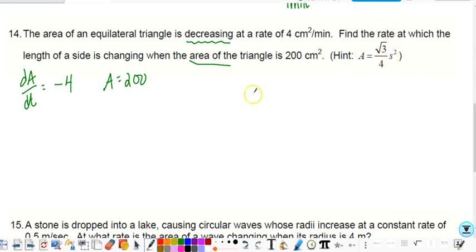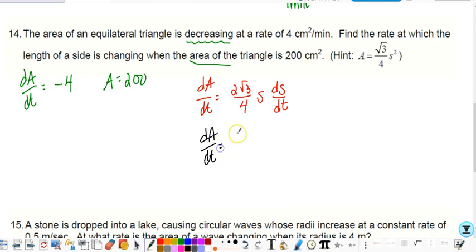So let's find the derivative. dA/dt is the power rule. I can reduce the 2 and the 4. And let's see what we got.